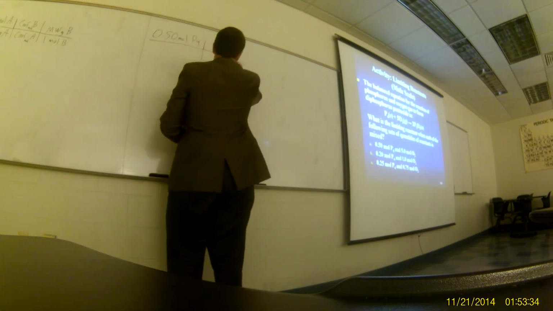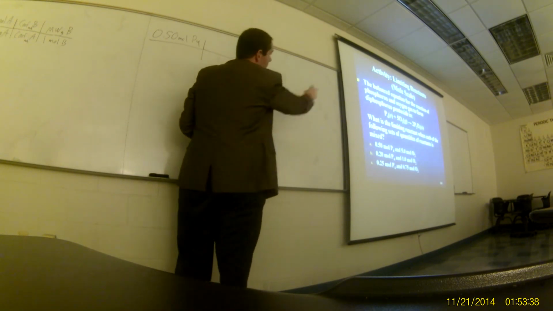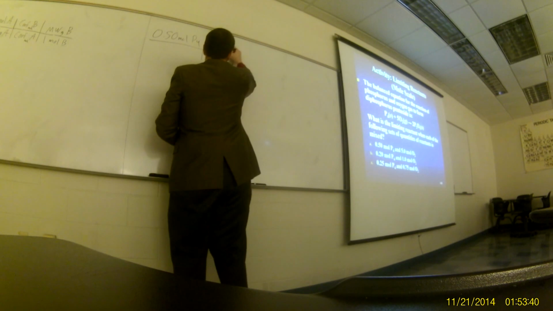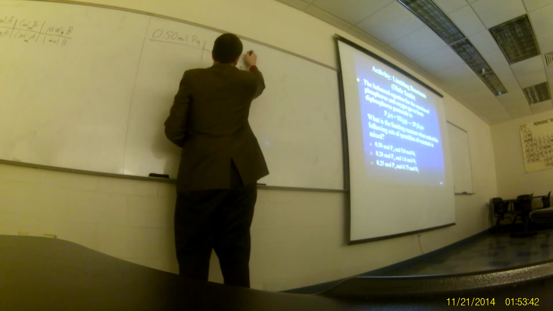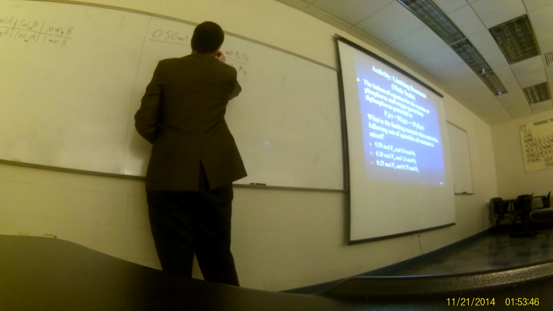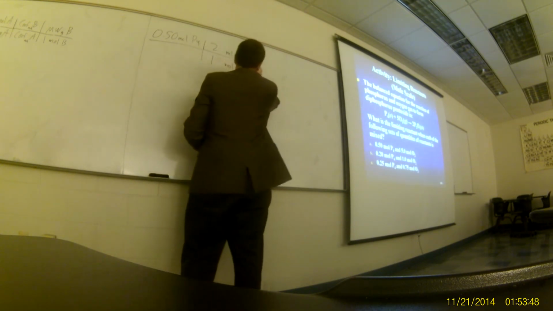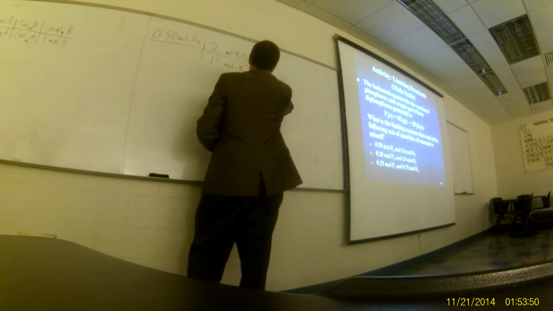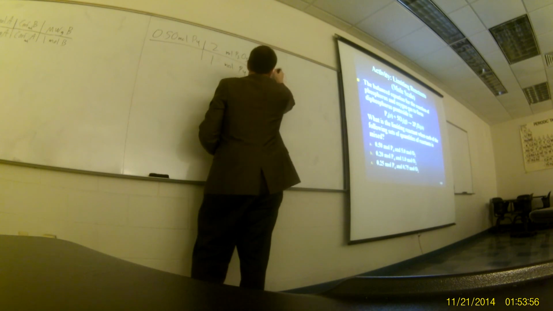And so we need to go from moles of P4 to moles of P2O5. P2O5 is 2, P4 is 1. And then we've got 1 mole P2O5.